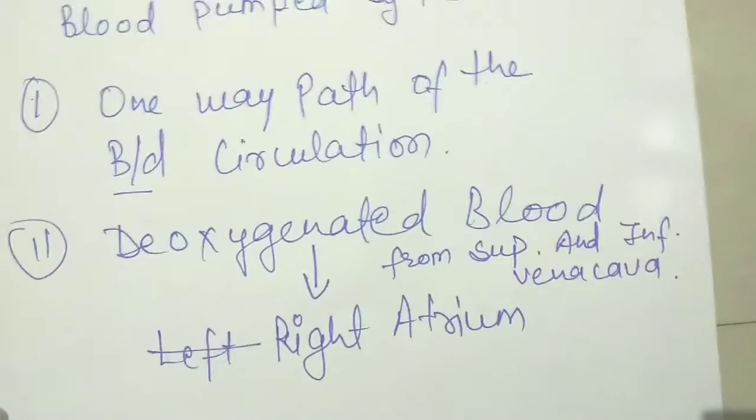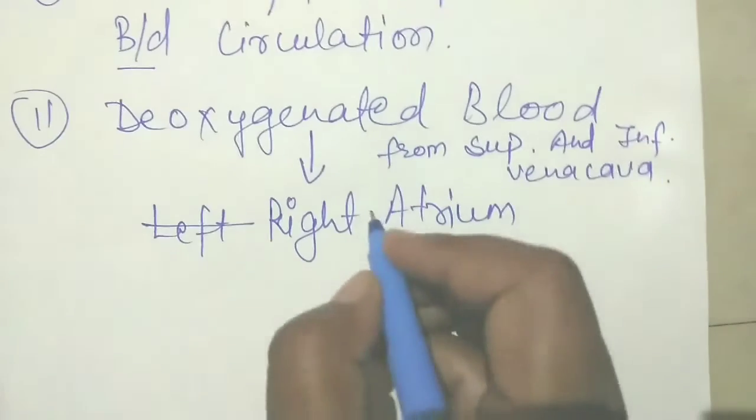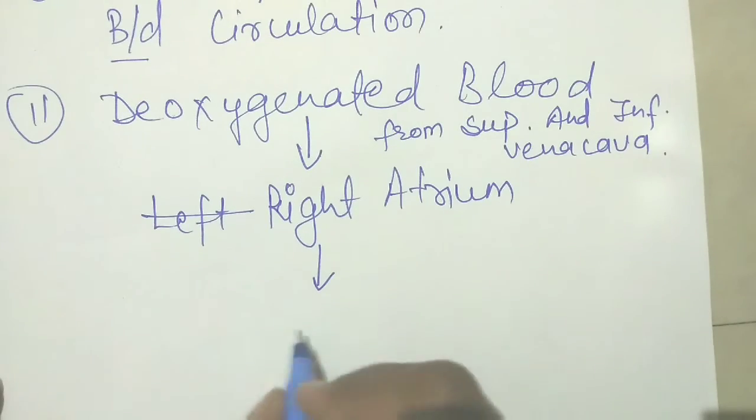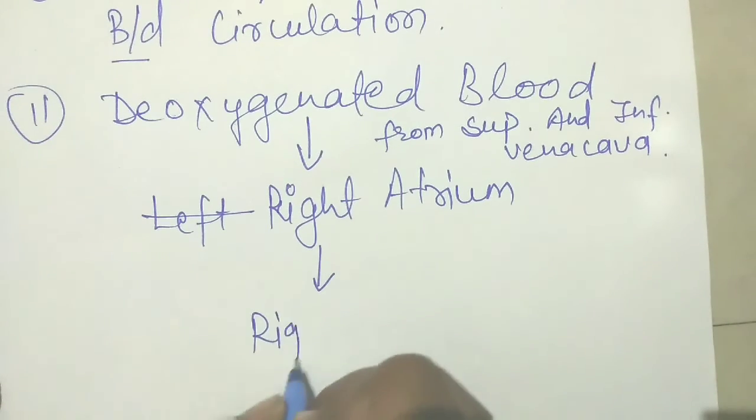These are the largest veins of the body. From the right atrium, blood is pumped into the right ventricle.